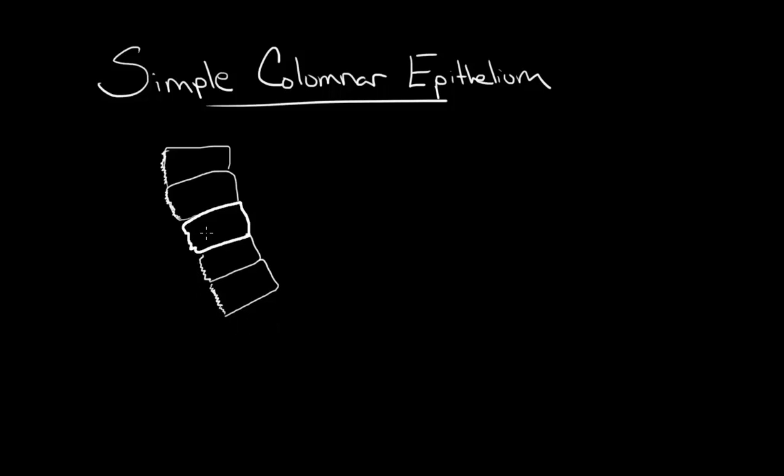And in the small intestine, it provides more surface area because this simple columnar epithelium, like simple cuboidal epithelium, has as its primary function absorption and secretion.